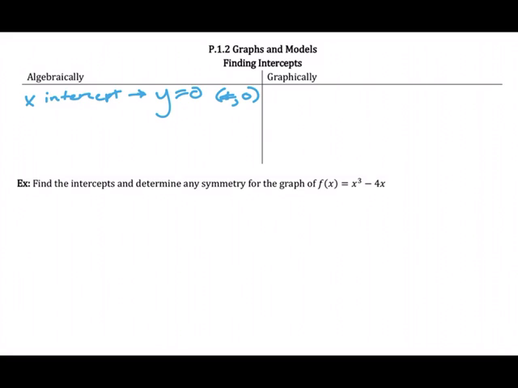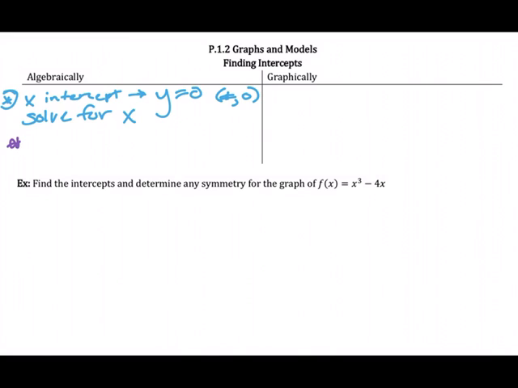But to find the x-intercept, what we would do is plug in y equals 0, and then we would solve for x. And we have done this in previous sections when we were talking about linear functions. In the very first section, we talked about finding the x and the y-intercept for that function. Now we're just talking about finding the x and y-intercept for any function.